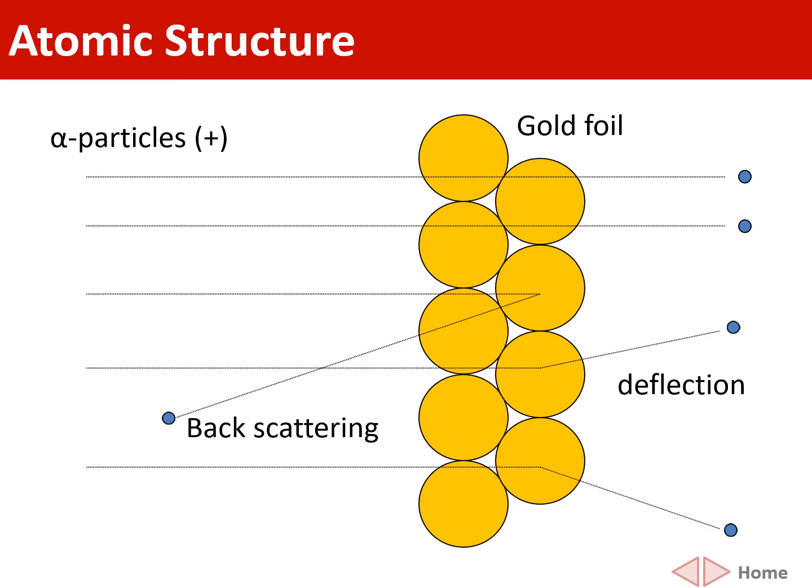But there must be mass in the atom, because everything has mass. They decided that the mass must be concentrated in a very small part at the center of the atom. And this is called the nucleus. So it has to be very small, it has to be very dense, and have most of the mass of the atom. And because it deflected, it repelled these positively charged alpha particles, it must also be positively charged. This is where the idea of the nucleus came from.